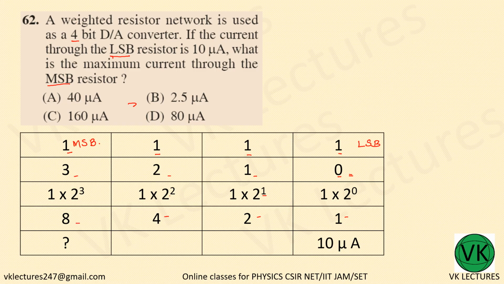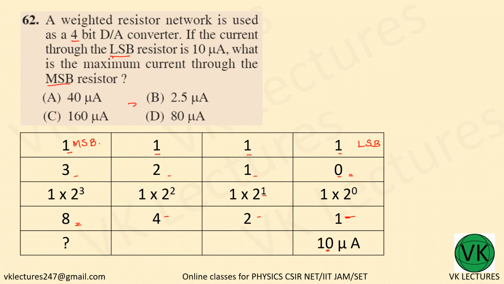Now the question given is, through this least significant bit, that is 1, there is a passage of current of 10 microampere. Then what will be the current through 8, that is the most significant bit?